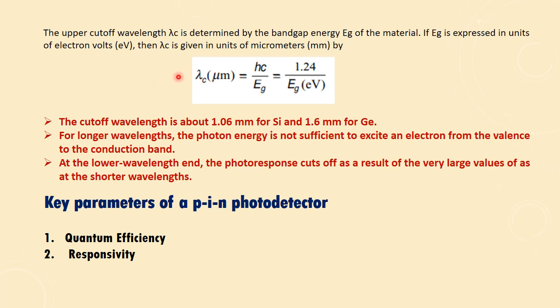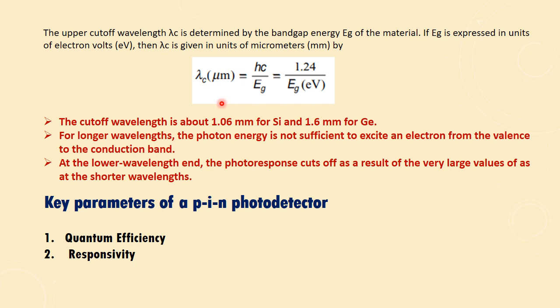And next, as we discussed already, we can find out the upper cutoff wavelength, that's nothing but lambda c, by using this formula: 1.24 divided by the energy band gap value of the particular material used. This cutoff wavelength is about 1 micrometre for silicon and 1.6 micrometres for germanium. For longer wavelengths, the photon energy is not sufficient to excite an electron from the valence band to the conduction band.